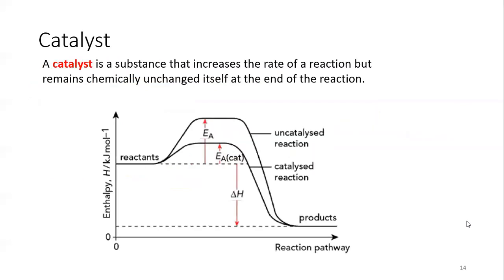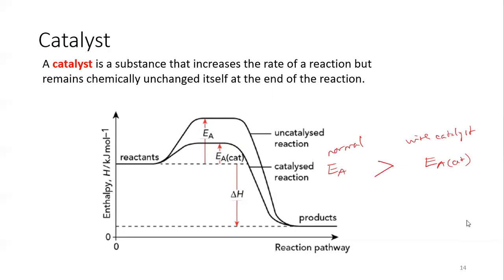Okay, the last part of this chapter is catalyst. A catalyst is a substance that increases the rate of reaction, but normally it doesn't change at the end of the reaction. It comes back. So you see the role of catalytic reaction here. Here you have two EA, two activation energies. This is the normal one, this is with catalyst.